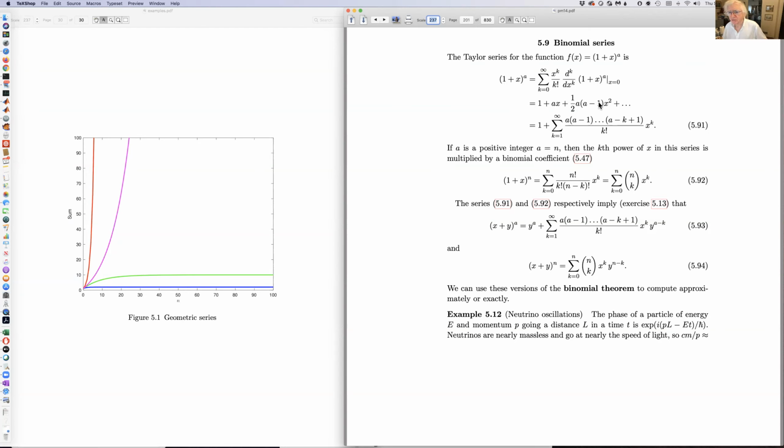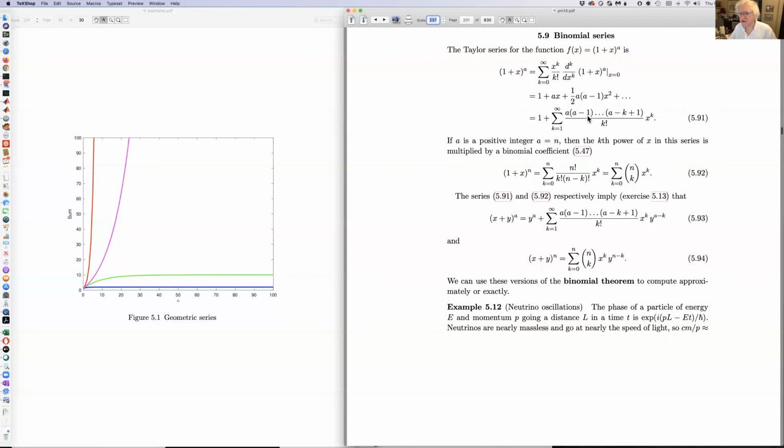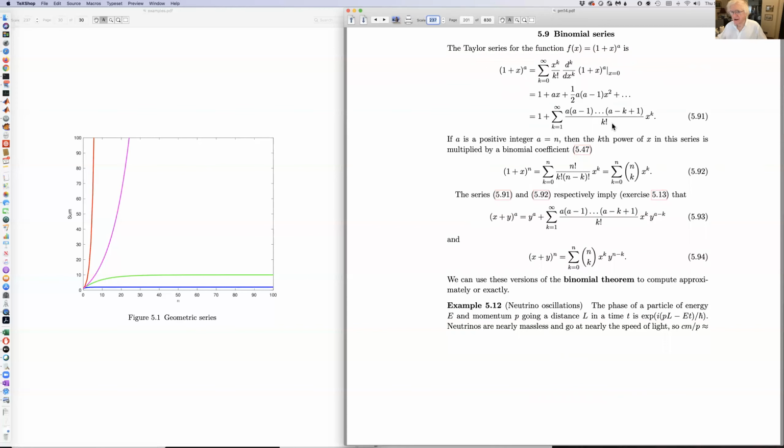The kth derivative is pretty simple. It just gives us a times (a minus 1), and so forth. So the sum is 1 plus these things times x to the k. And now notice that these are just powers of a, but here we have k factorial.